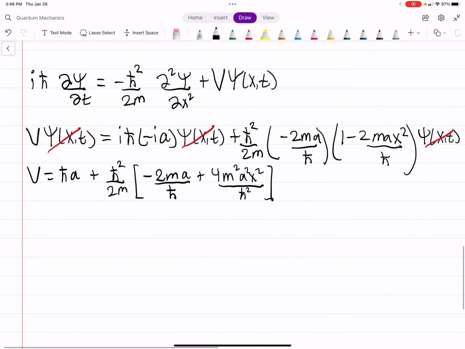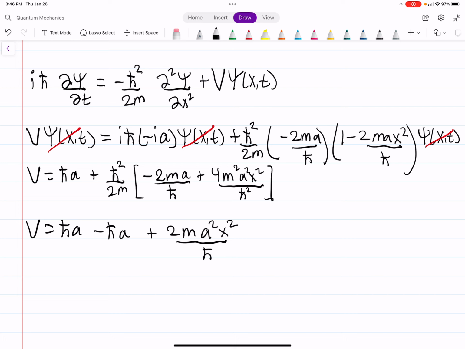So then our potential is h bar a plus, I'm going to distribute this now, and that's going to be a minus h bar a, and then distributing this, you can see you get plus 2m a squared x squared over h bar.